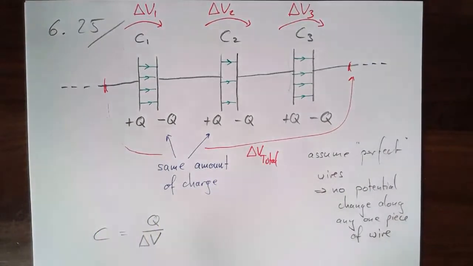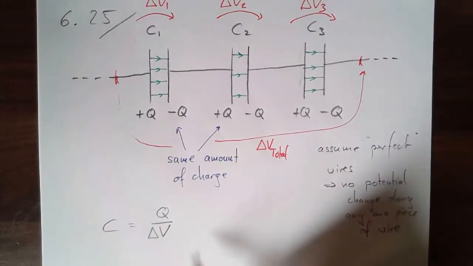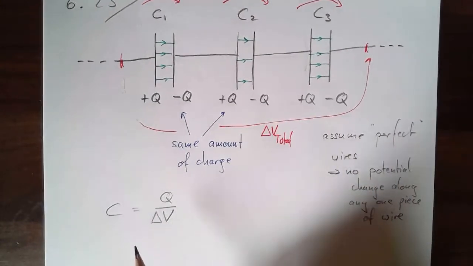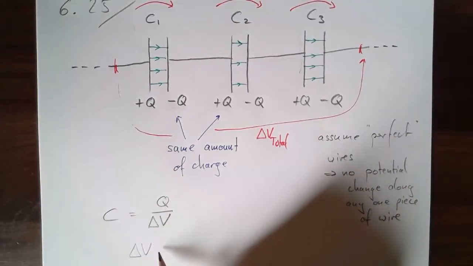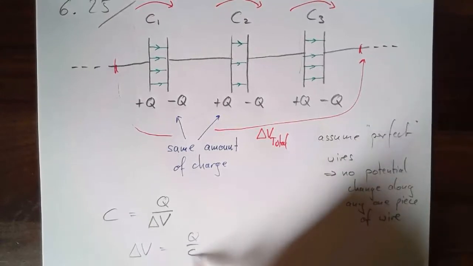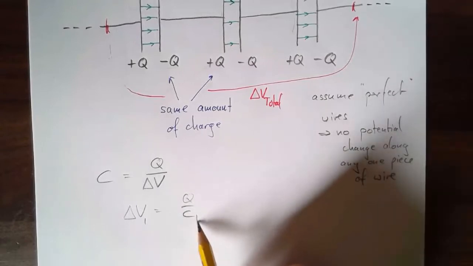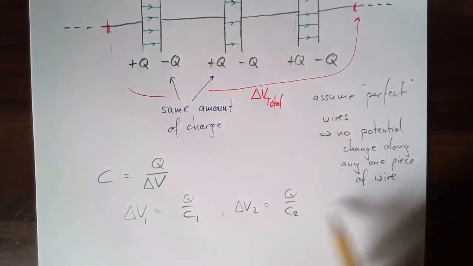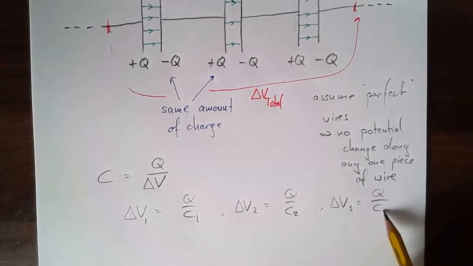So we've got our definition of capacitance, and if I want to express the delta V in terms of Q and C, I might just write delta V is Q over C. So delta V1 is Q over C1, delta V2 is Q over C2, and delta V3 is Q over C3.